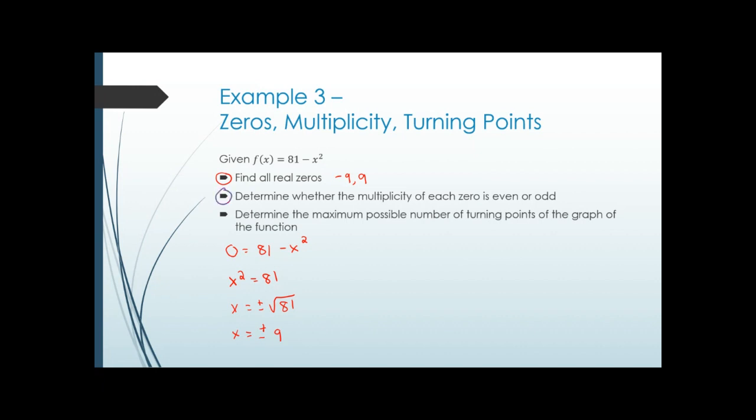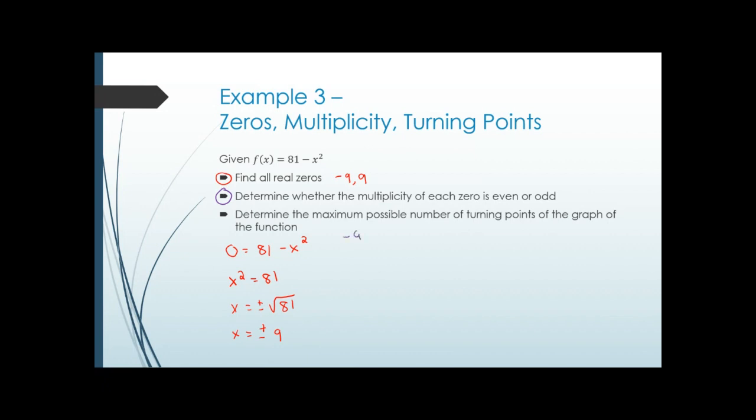In the next one, in purple, we determine whether the multiplicity of each zero is even or odd. Each of these zeros showed up only once. When we solved, we just got one -9 and one 9.